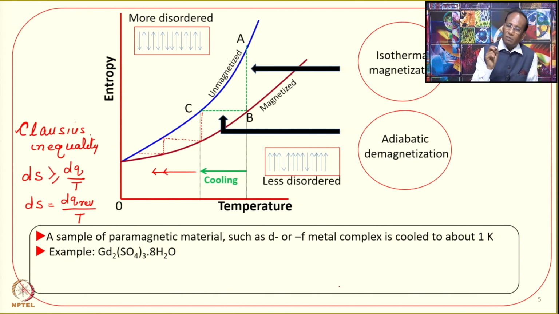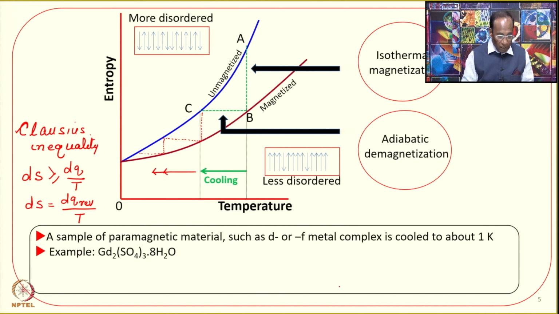Because we just discussed one highlight that according to the third law of thermodynamics, it is not possible to achieve absolute zero in a finite number of steps. And in the next slide I will describe under what conditions you can achieve zero in a finite number of steps, whether those conditions are possible or not.